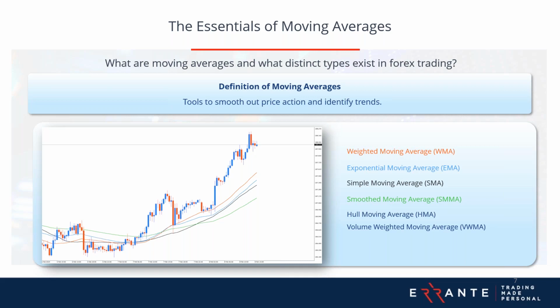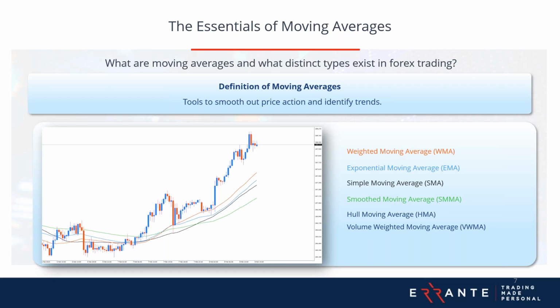Then we have the exponential moving average, or EMA, which differs from the SMA by giving more weight to recent prices. This makes the EMA more sensitive to recent price changes, ideal for those looking to catch early signs of a trend shift.